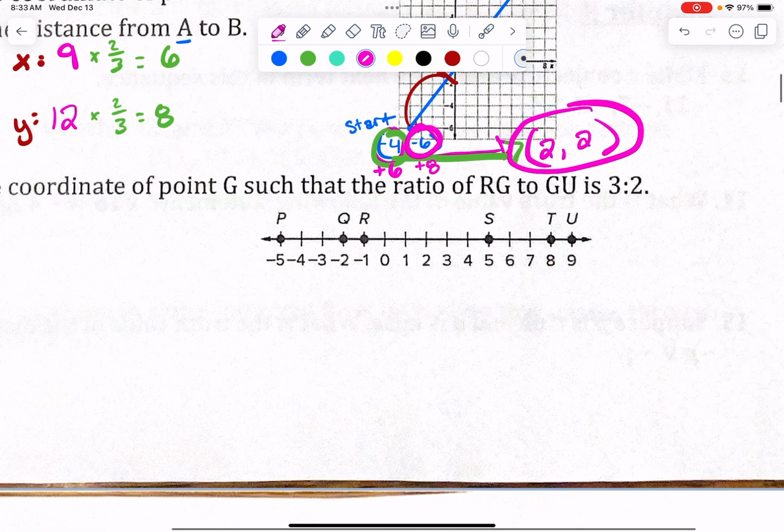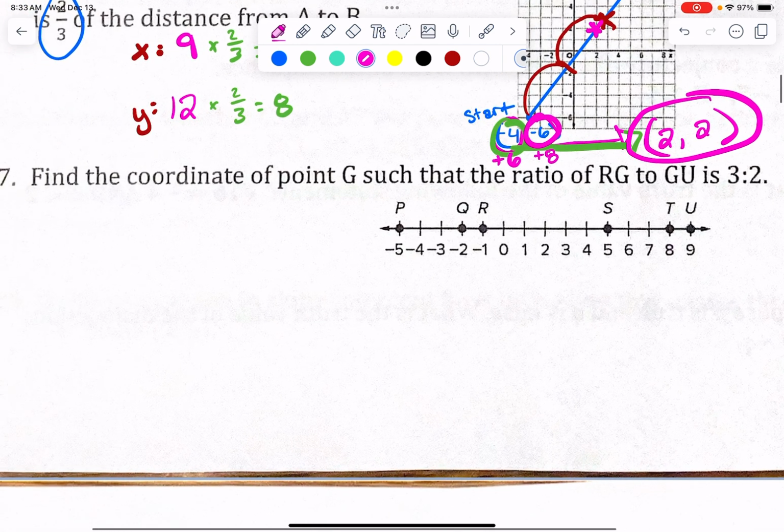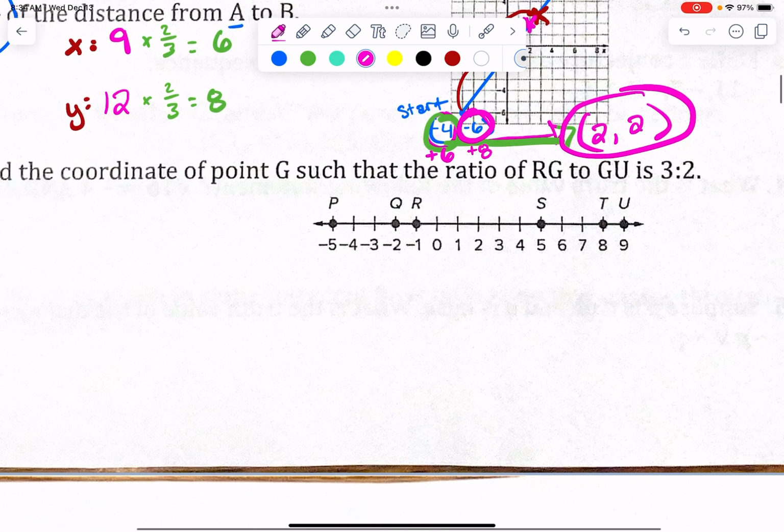7, I want to find a point such that the ratio from R to G, okay, R is right here, G is my point. Okay, so RG to GU. So here's my start and here's my end. Okay, start and end. All right, G is the point that I'm putting on there.